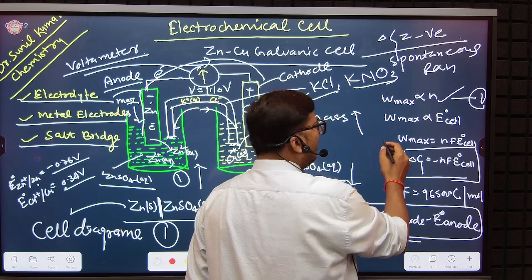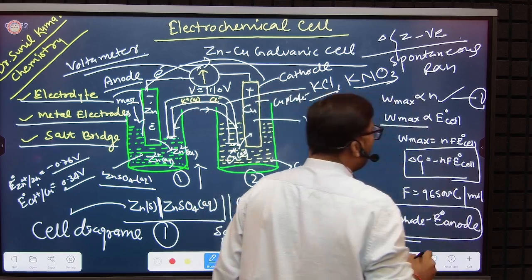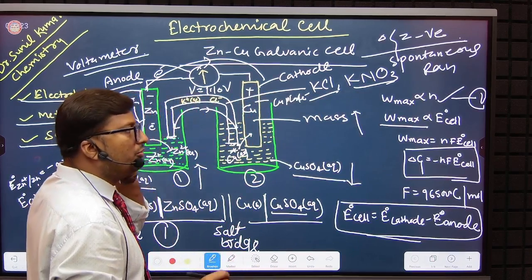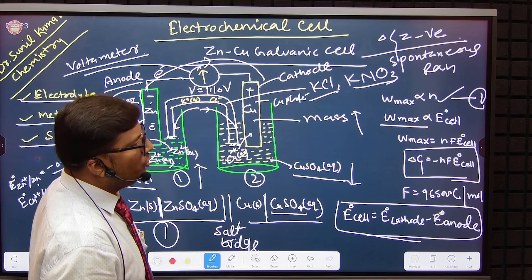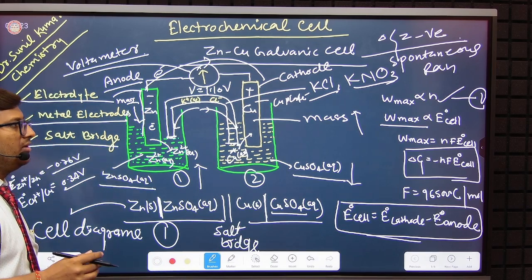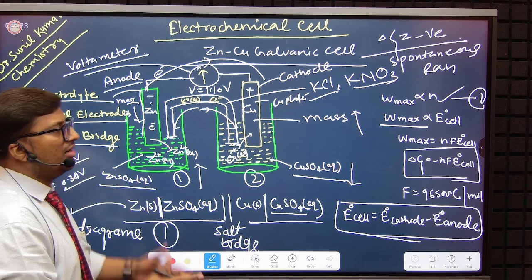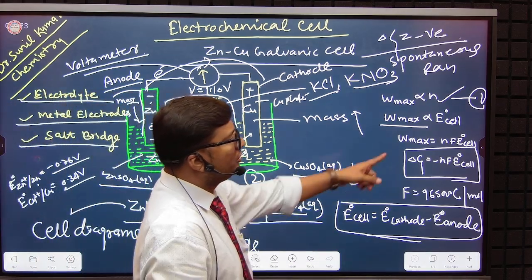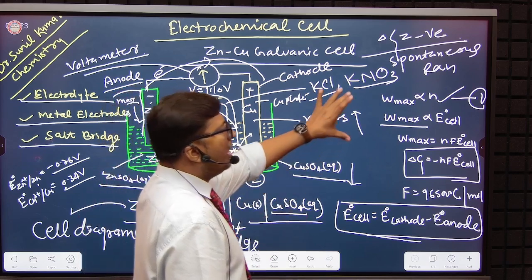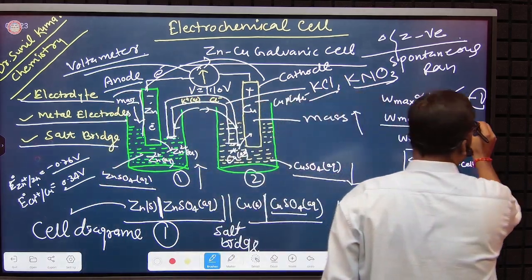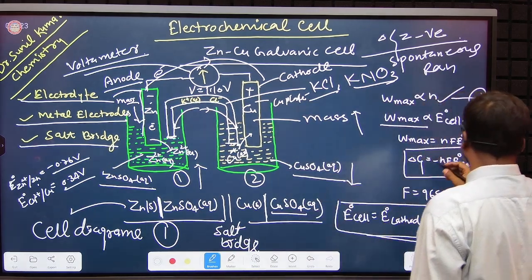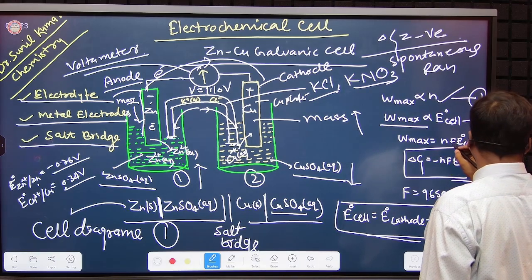And another factor: the maximum work, W max, is directly proportional to E0 cell. It means the cell potential, the potential of the electrochemical cell at standard state. Now if you combine these two factors, then W max will be nFE0 cell.